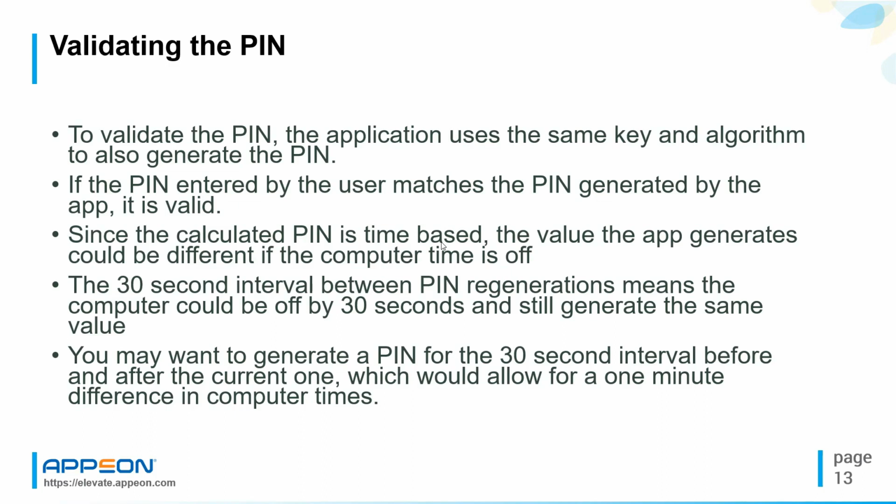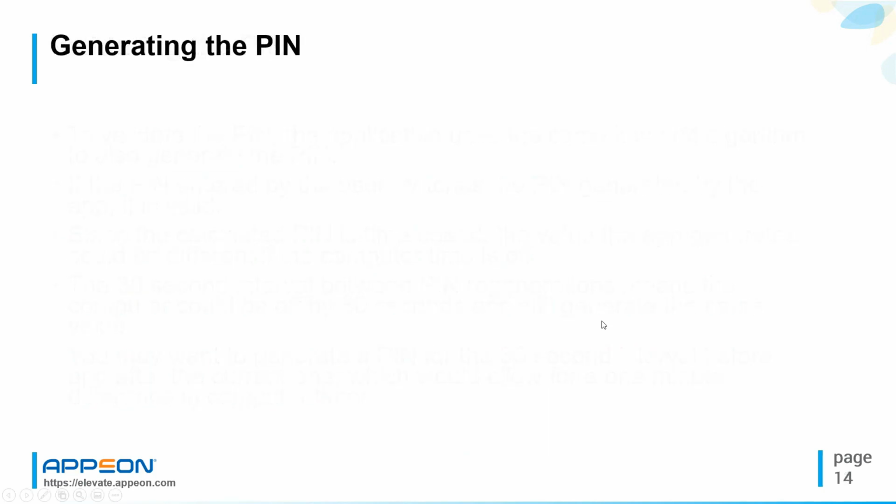And so you have 3 different PIN values. Compare the PIN value the user entered with all 3 PIN values, and then you somewhat compensate for a minor difference in the computer time. If the computer time is majorly different, you're never going to get a match, and that's maybe a training issue for the users to make sure that their computer times are set accurately using an NTP service of some kind.